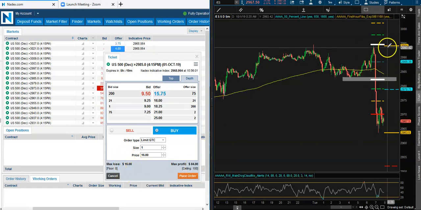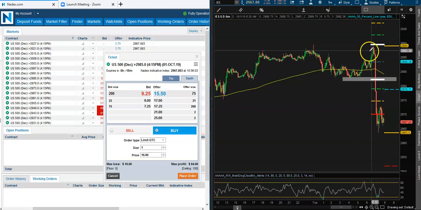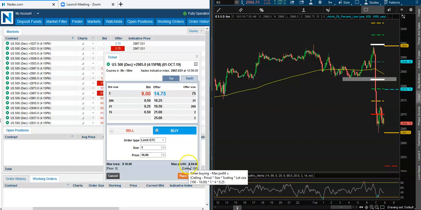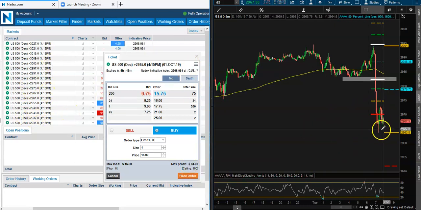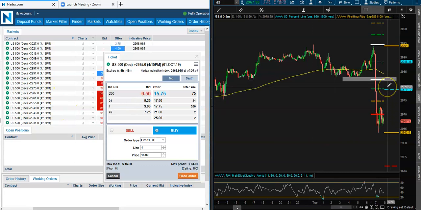Because if we rally all the way back up to the high of day, you can make $84 by the close, right? But if I was like, hey, I think the lows are in, I think we're going to rally for the next 2 or 3 hours, and maybe we get back up to the 80, I might just buy in at the money.